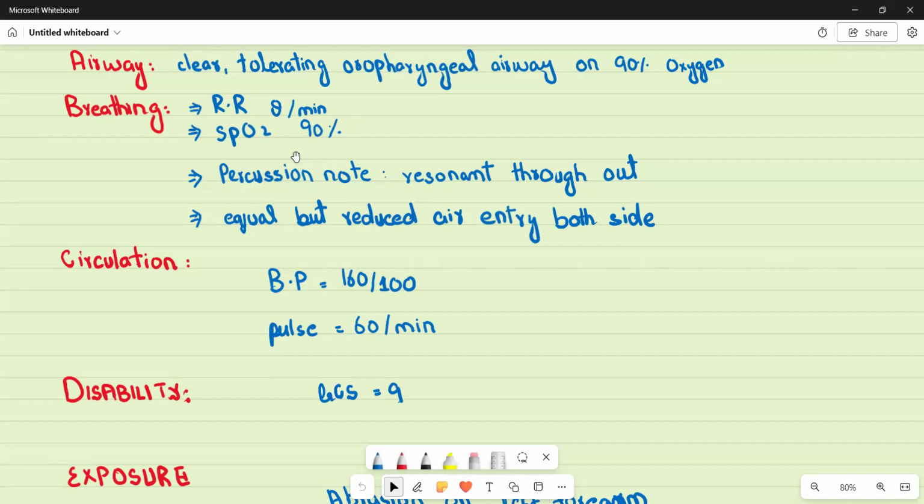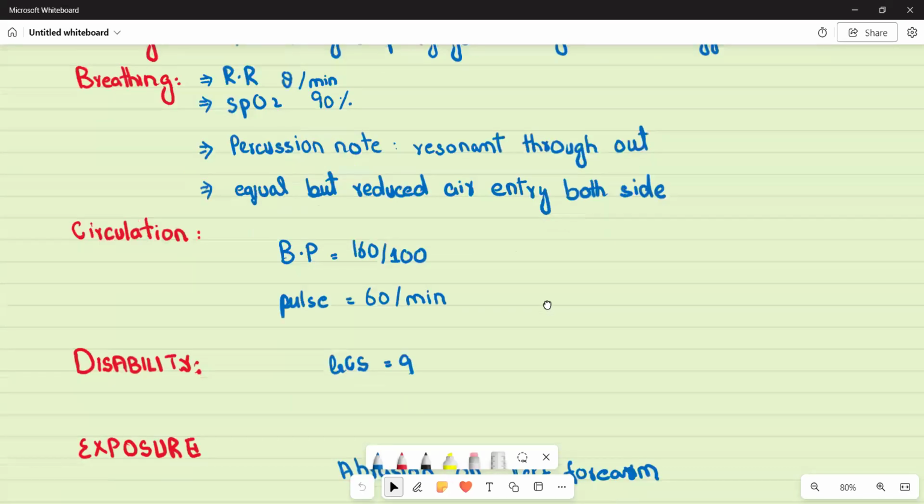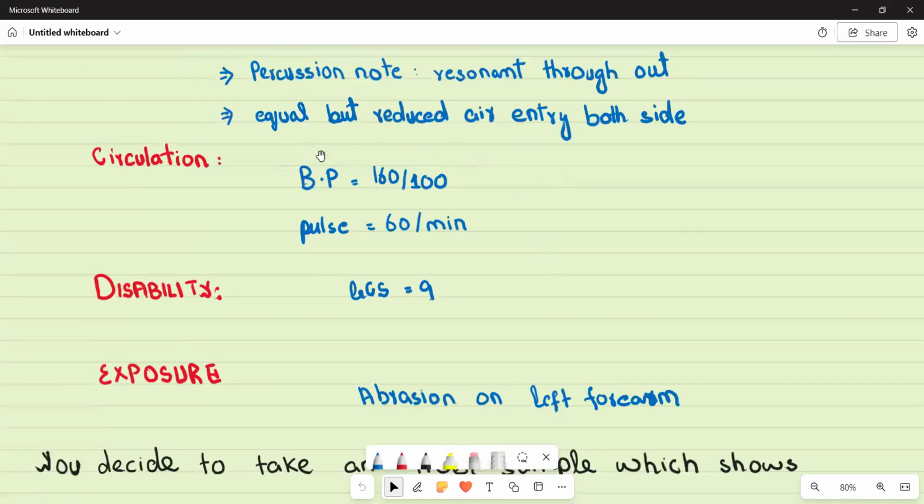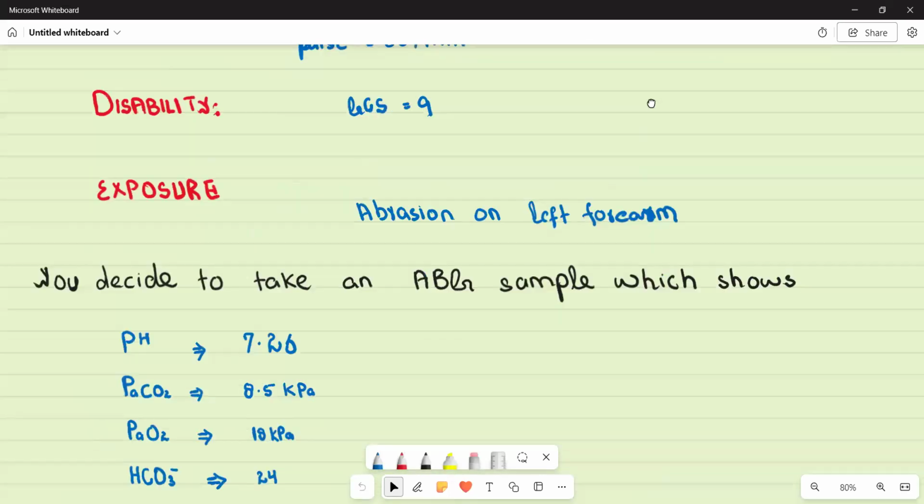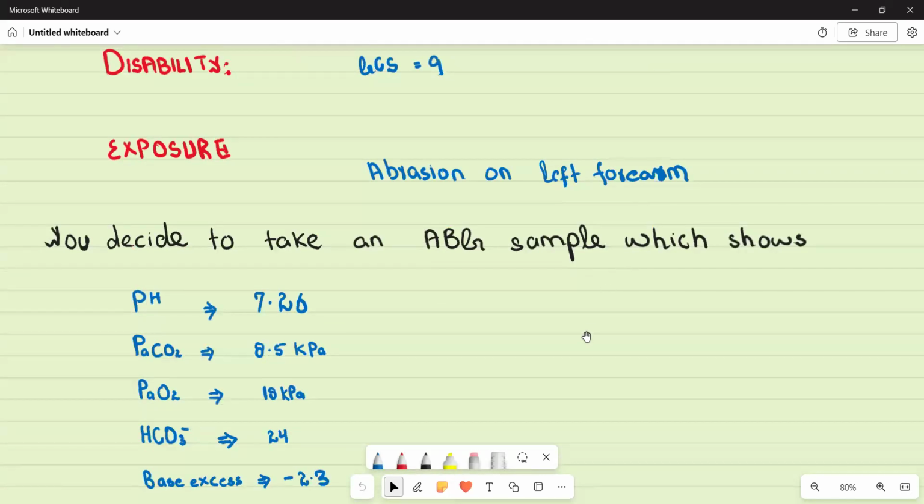On examination of the respiratory system, percussion note is resonant throughout, which is normal. But on auscultation, you find that there is equal but reduced air entry in both lungs. Examination of the circulatory system shows that her blood pressure is elevated, pulse is normal, GCS level is low, and there is an abrasion on the left forearm.